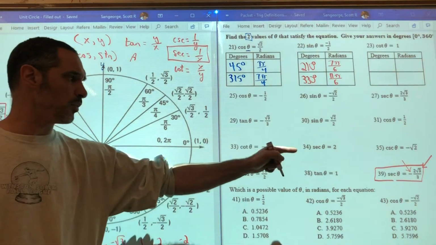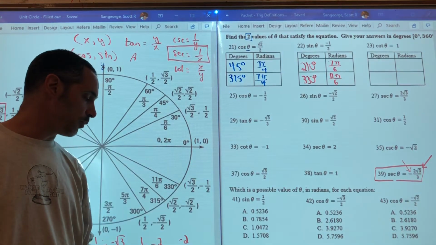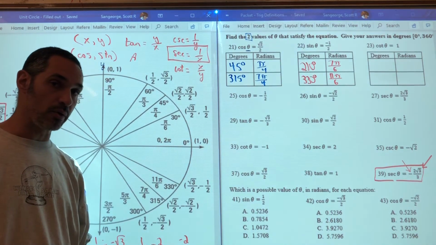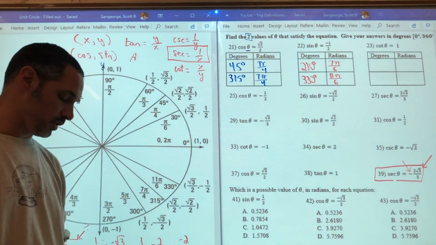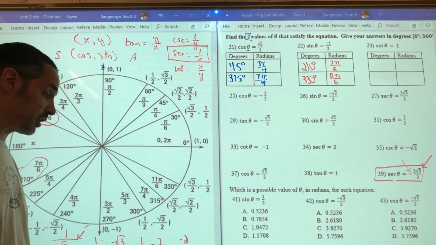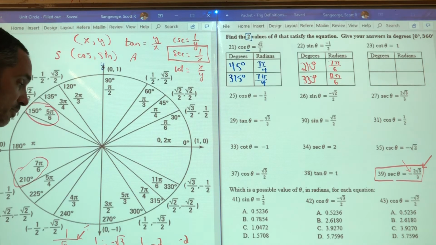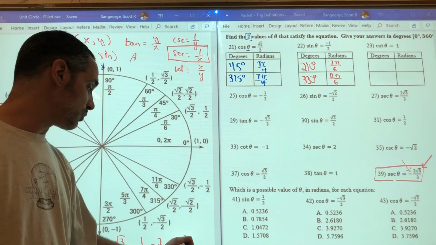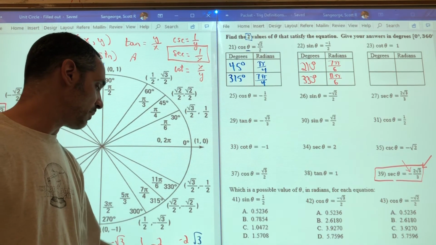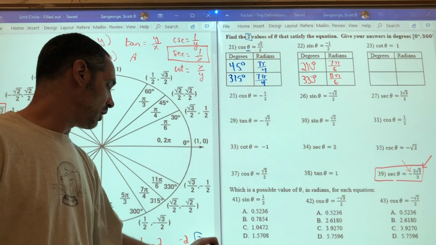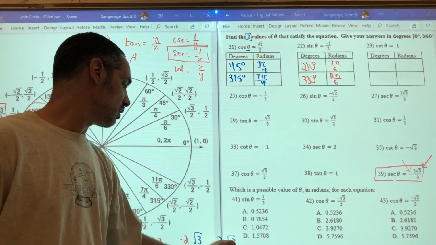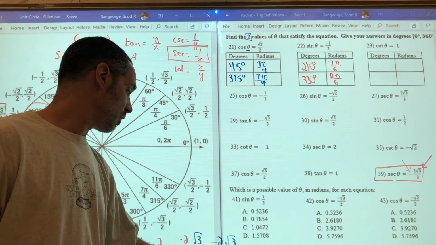That's not quite what we have over there, but remember, when we have a radical in the denominator, we can't leave it there. So we need to rationalize the denominator, and the way we do that is multiply the top and bottom of the fraction by the square root of 3. So multiply the top and bottom by the square root of 3, and I get negative 2 square root of 3 over 3.